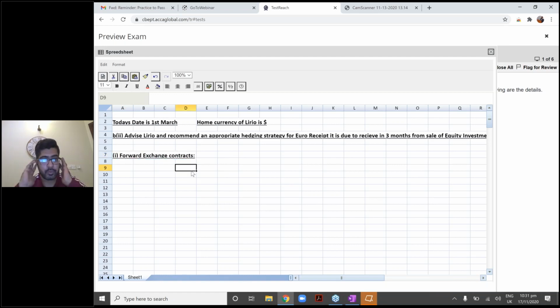You need to advise, review, and recommend an appropriate hedging strategy. So how many strategies is the company considering? There are 3 strategies: forwards, futures, and options.